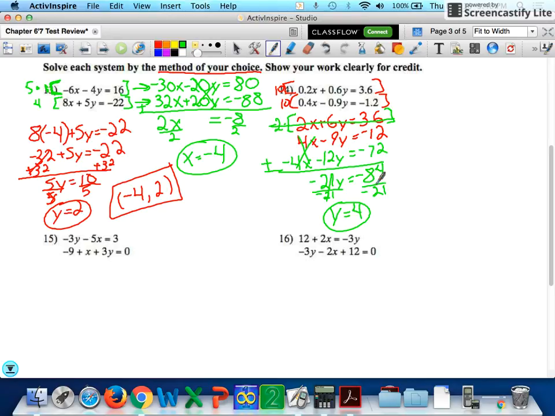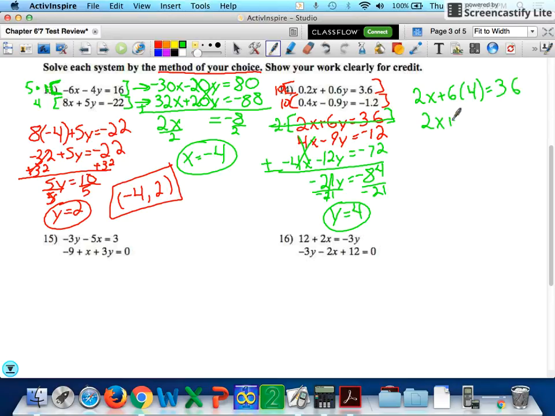I'm going to take that +4 and plug it into one of my original equations. I wouldn't go all the way back to original. I would actually go to where we edited these and made them nice whole numbers because they're just easier to work with. I like this top equation. It was 2x plus 6y, but we know what y is. Y is 4 equals 36.